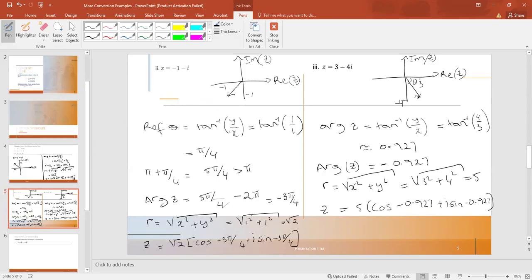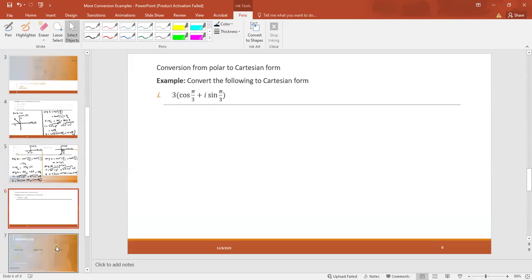Now let's look at lastly our last point, how to convert a complex number from polar form to Cartesian form, or what we call rectangular form. It's a simple game to play because here what we just need is to use a calculator and evaluate the value of the cosine of this angle. So we're going to have 3 times cosine of pi over 3.